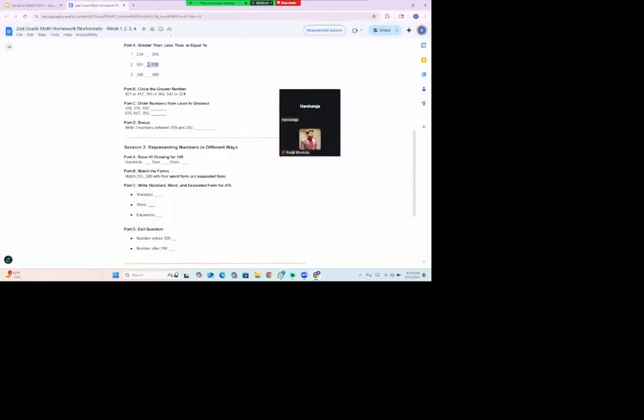Next one here. 501 and 510. If we look at the place values, 5, 0, 1. So 1 is bigger than 0, so this is greater.